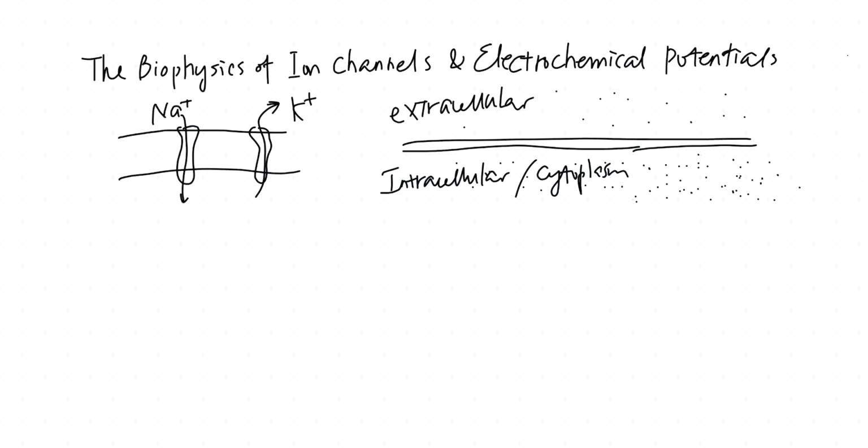So if there are channels that allow those ions to go through, you may think the concentration matters because of diffusion, although we haven't formally discussed diffusion, it will be in our next module. But from your experience, ions will diffuse through the channels due to the concentration difference.